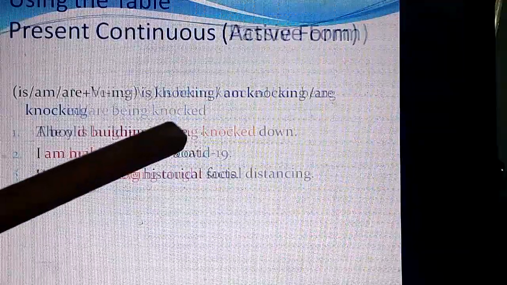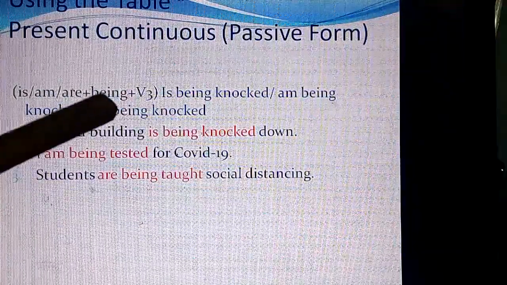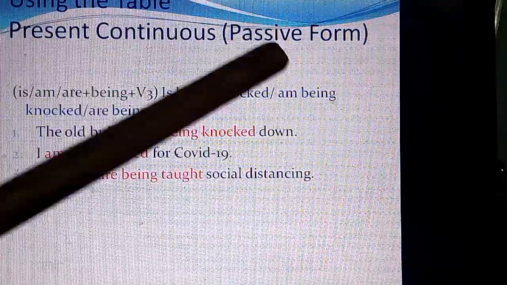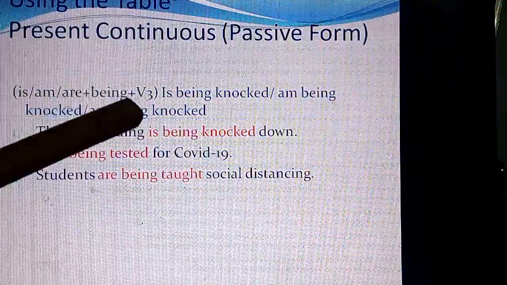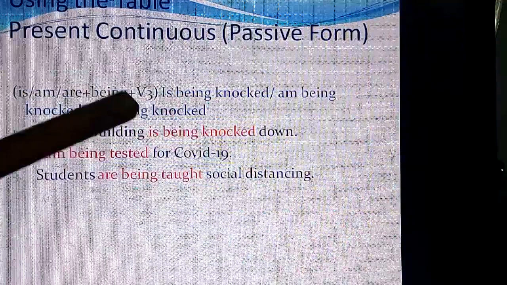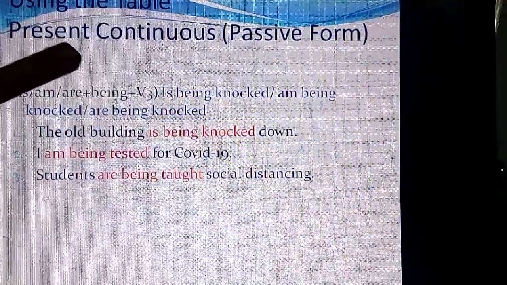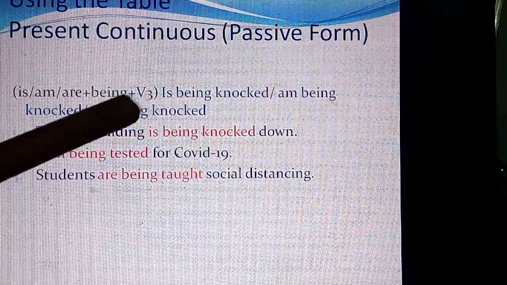So we are doing the same thing here, is/am/are plus V1 ing, but here only we are regularly taking, in order to make passive form, being. So be represents V1 and ing is added to it. So in this way it completes the rule of making present continuous, but being shows that it is passive. Being plus V3.